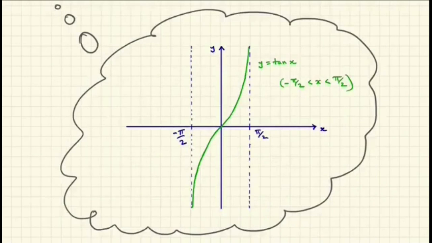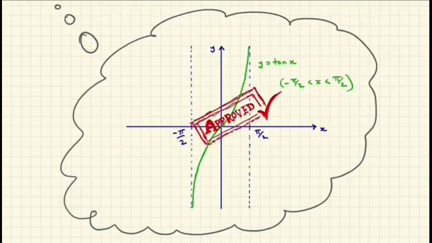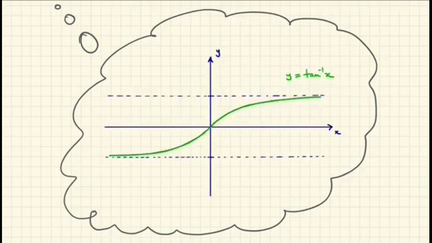Recall the single branch of the tan curve that results by restricting the domain to the interval between plus or minus pi over 2, sandwiched between two vertical asymptotes, and satisfies the horizontal line test, certified as suitable for inversion, with inverse function obtained by reflecting in the line y equals x to get the inverse tan function, which is increasing and sandwiched in between two horizontal asymptotes.